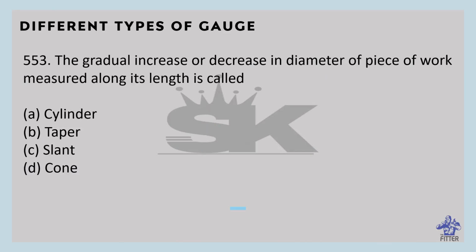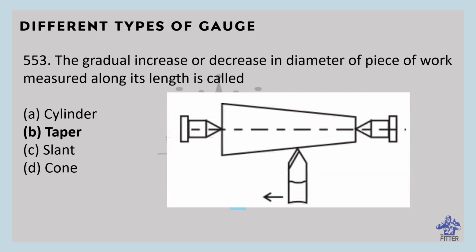The gradual increase or decrease in diameter of a piece of work measured along its length is called taper. You can see here in the image. So here the diameter is d1, here the diameter is d2.